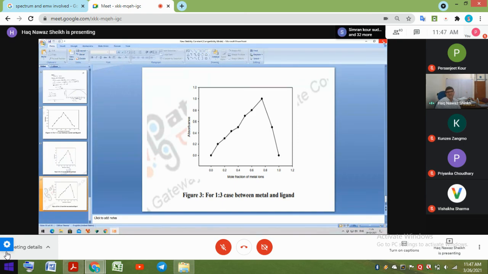Iron(III) and thiocyanate(1-) form a complex in a 1:1 stoichiometric ratio, and you can easily decipher that ratio by following the change in absorbance with the change in relative proportion of metal and ligand in a series of solutions where you keep the total concentration constant but change the relative concentration of metal and ligand.